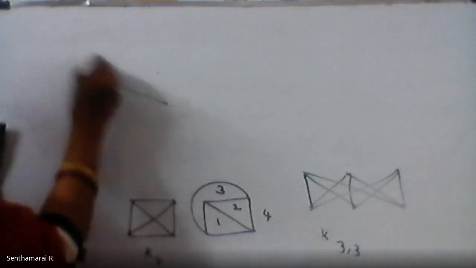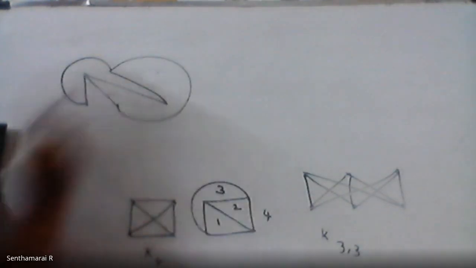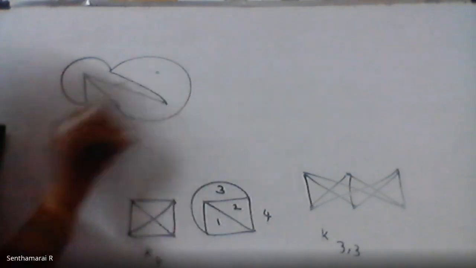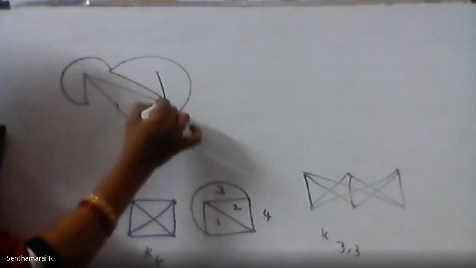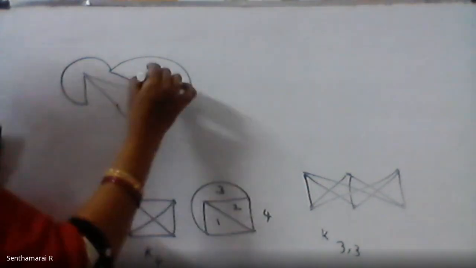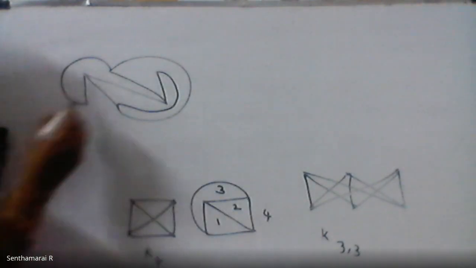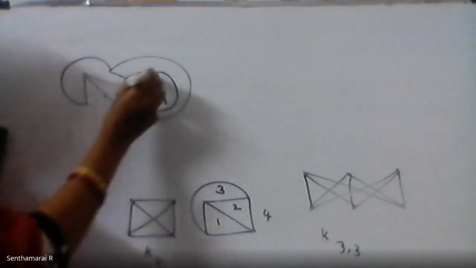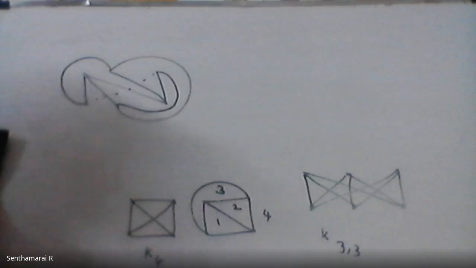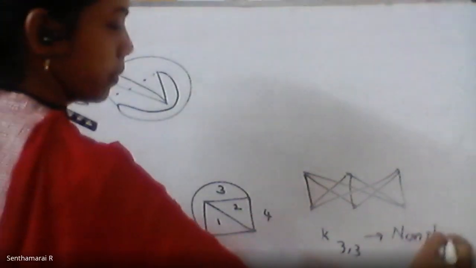When you start with this one, I can start like this. Now also the edges are not crossing. But when I wish to draw this with these 3 vertices, I can make only one edge without crossing another edge. One more thing also I can draw. But I cannot draw an edge connecting these 2 vertices without crossing any other edges. Therefore, K3,3 is non-planar.